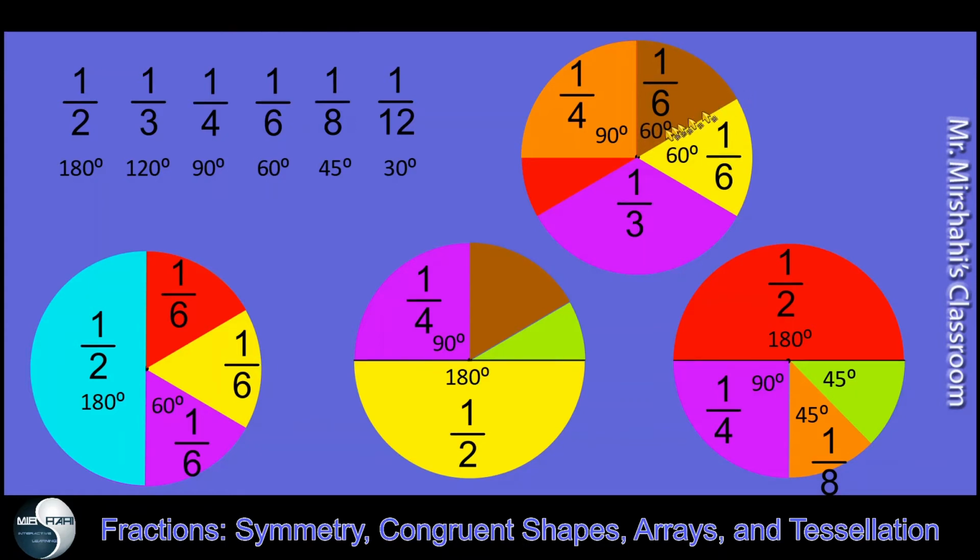Now, all these together should be 180, right? So this is half the circle, so this should be 30 degrees. So that's 30 degrees, which is 1/12. Remember, 360 divided by 30 is 12. And so we finished that. The only one left is this.